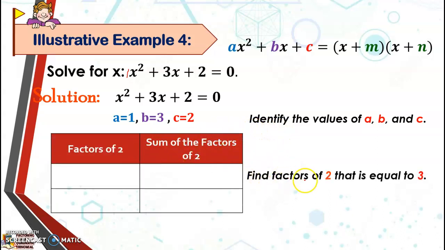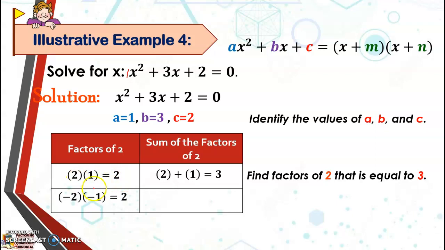The next step is we find the factors of 2. As mentioned in the steps, we find the factors of c whose sum is equal to 3. Since this is 2, we list the factors of 2 and the sums of the factors.